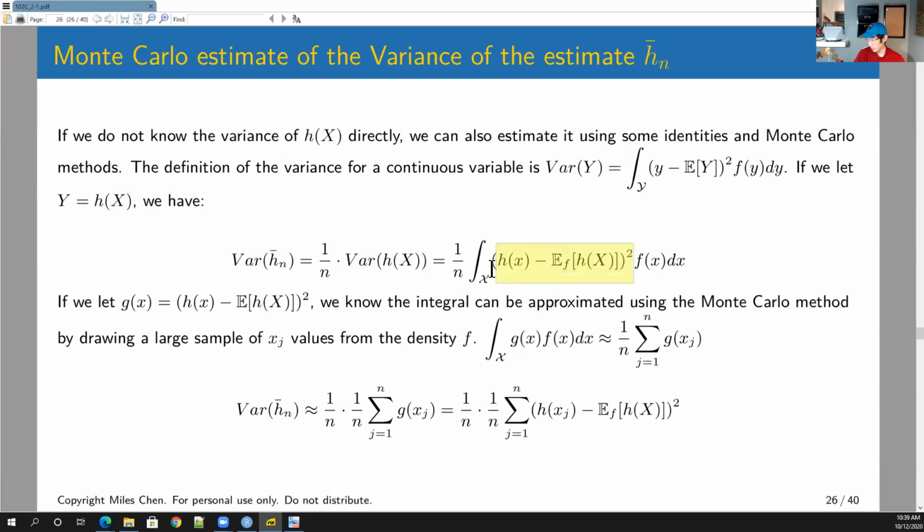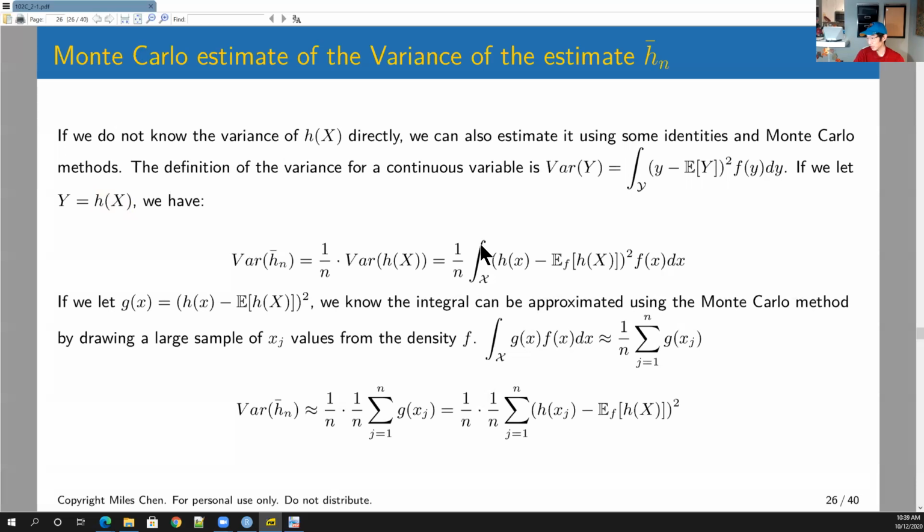We're going to take this quantity and square it, multiply that by f of x dx, and take the integral of all of that. I'm just basically replacing the letter y here with h of x. And so this is what I get. All right, is this okay?